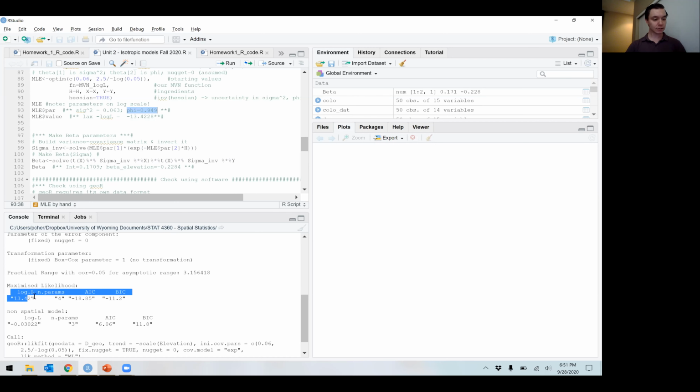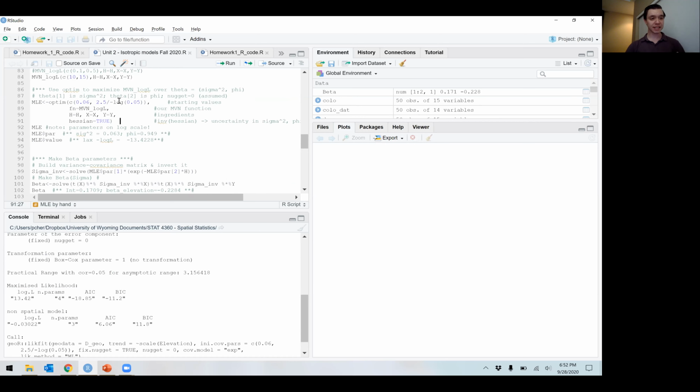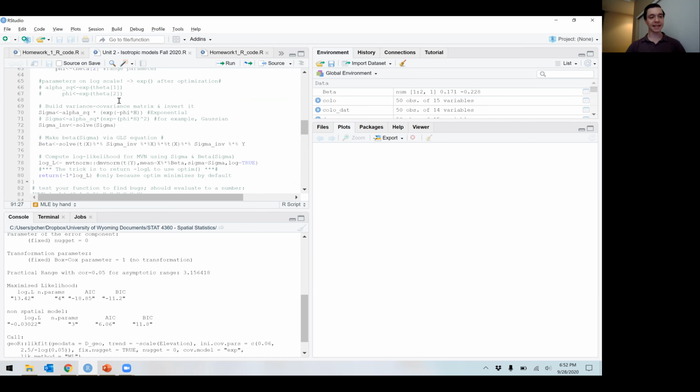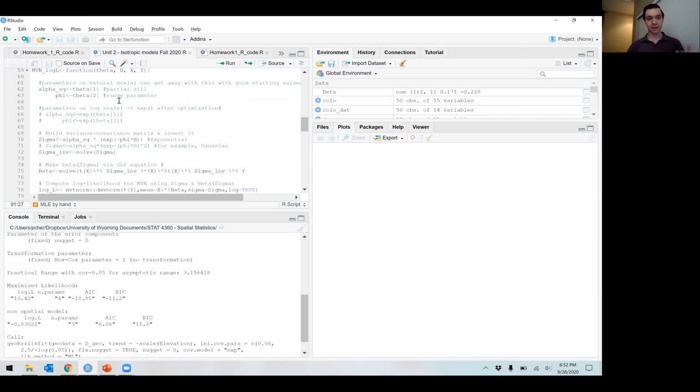The other important bit here is our log likelihood estimate, 13.42. We found the negative log likelihood of negative 13.42. So these are, of course, matching up, only we have the negative of that, and it has the positive of that. So this is essentially what is happening underneath the hood of our R package.